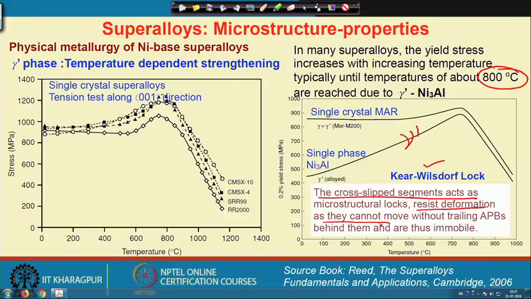If cross slip has to occur, they always stick to this antiphase boundary which is behind them, and they become immobile, and therefore we get an increase in the strength of the gamma prime phase. Now, there are two zones, one where there is an increase and then a decrease. Why does such a phenomenon occur?